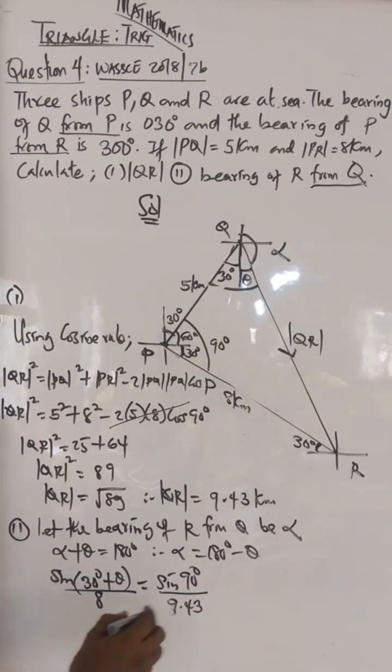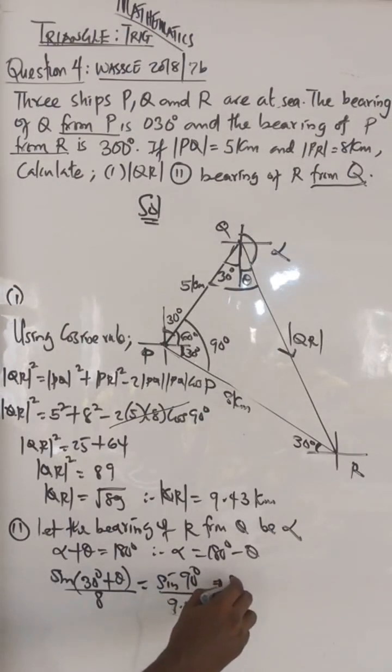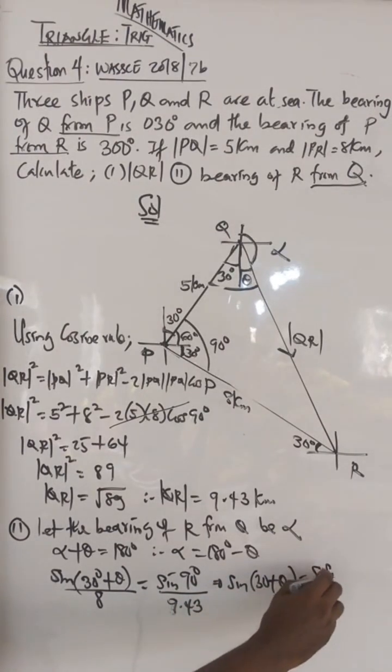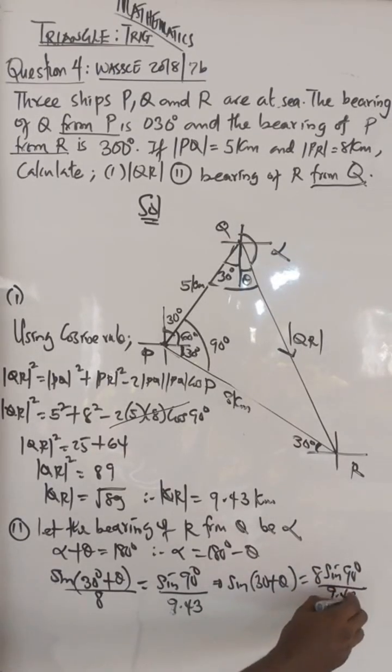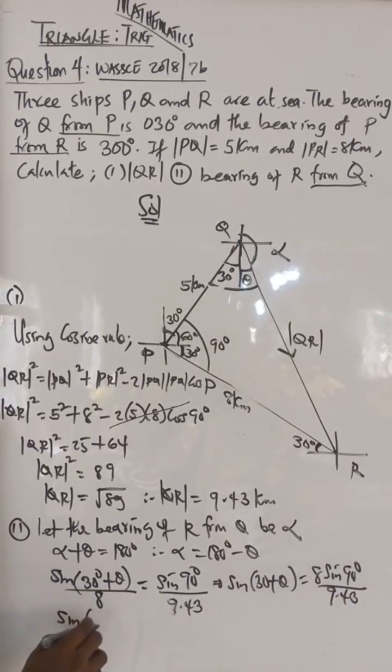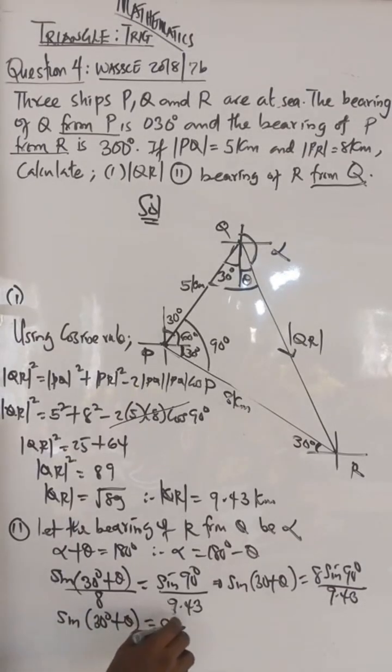From here, it implies that sine of 30 plus theta equals 8 sine 90 over 9.43. Sine 90 is 1. 1 times 8 is 8. Now divide 8 by 9.43. 0.8485. To 4 decimal places, 0.8484.